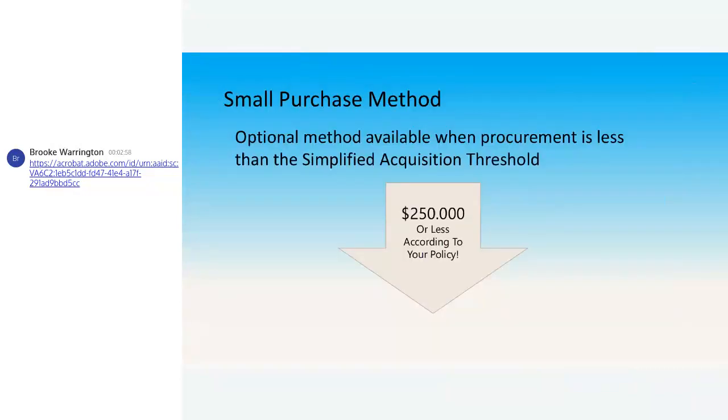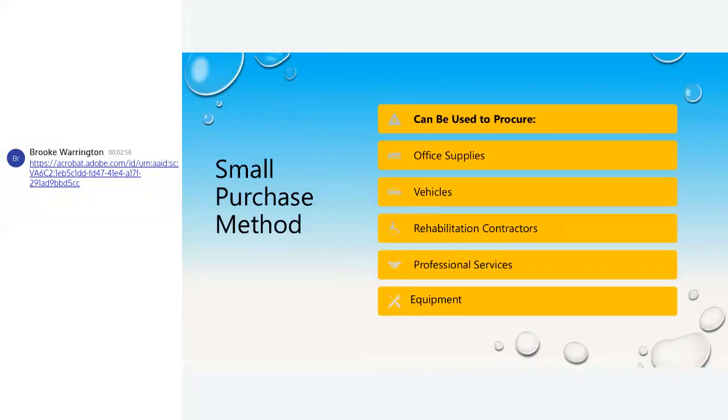So your small purchase method is an optional method available when procurement is less than your simplified acquisition threshold, $250,000 or less, according to your policy. Your small purchase method can be used to procure office supplies, vehicles, rehabilitation contractors, professional services, equipment.